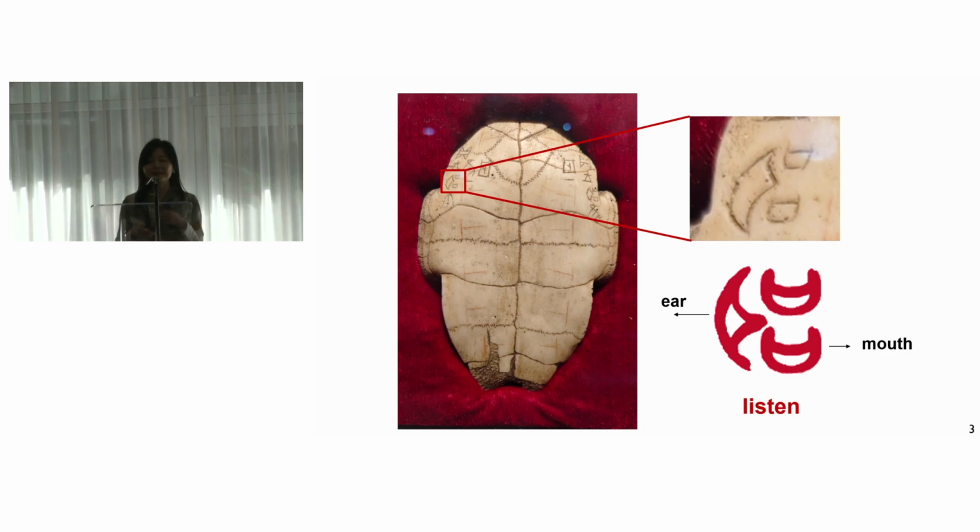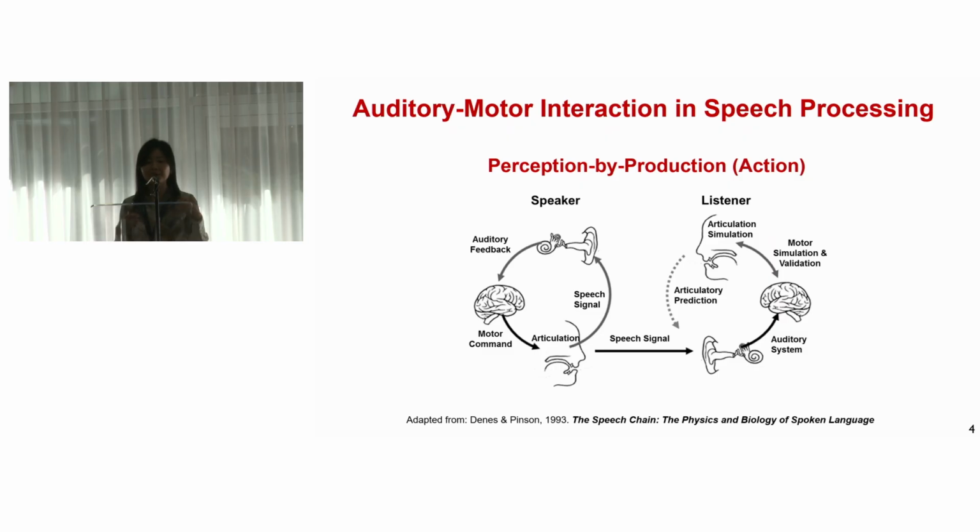It beautifully describes how our auditory system and motor system interact during speech listening. As we know, during speech perception there is a phenomenon called perception by production, also called perception by action. By listening to speech, not only does our auditory system process the signal, our speech motor system actively predicts the upcoming signals by providing articulatory predictions.